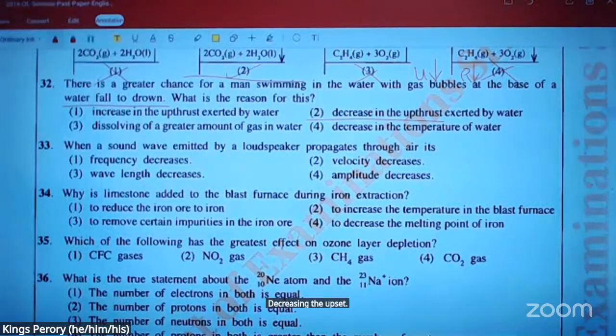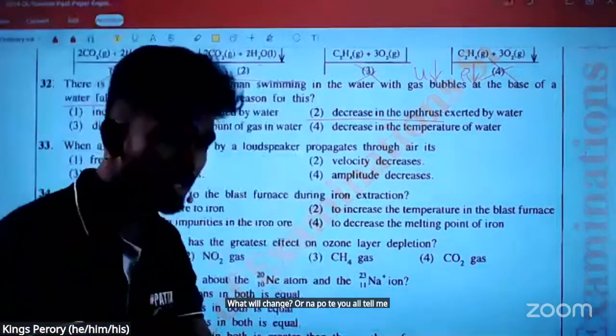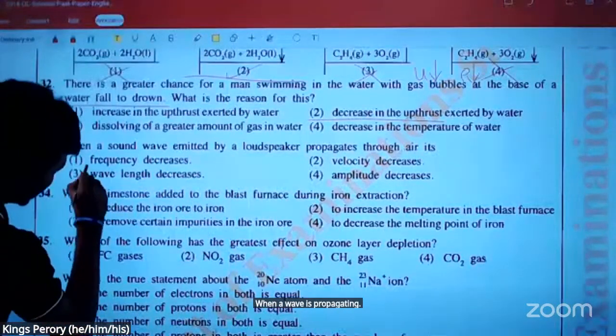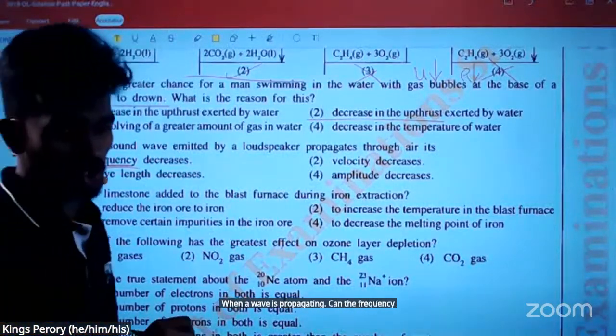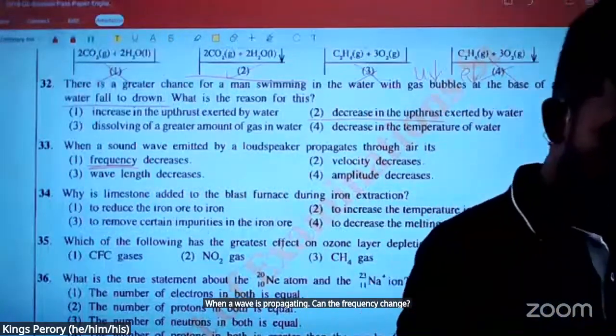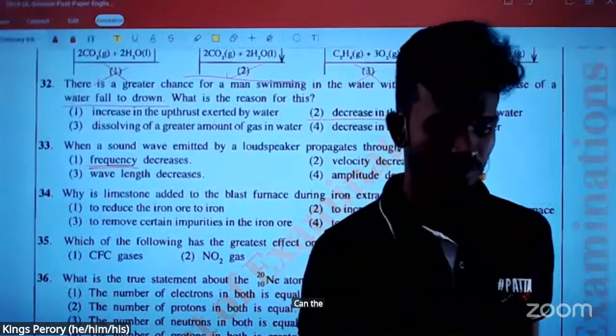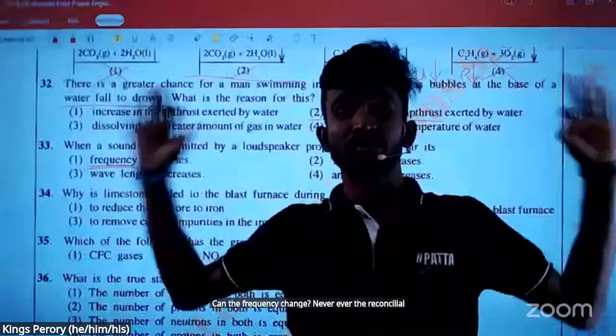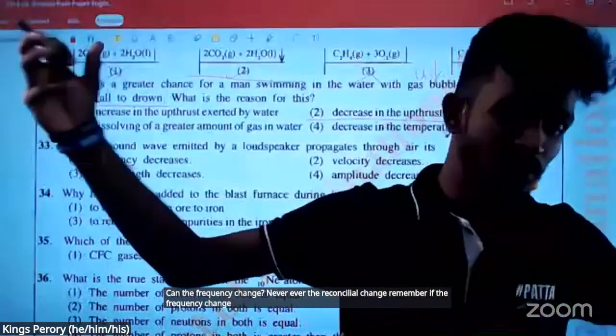Question 33. When a sound wave emitted by a loudspeaker propagates through air, what will change? You all tell me, I have discussed this many times. When a wave is propagating, can the frequency change? Never ever will the frequency change. Remember, if the frequency changes, the pitch will change.